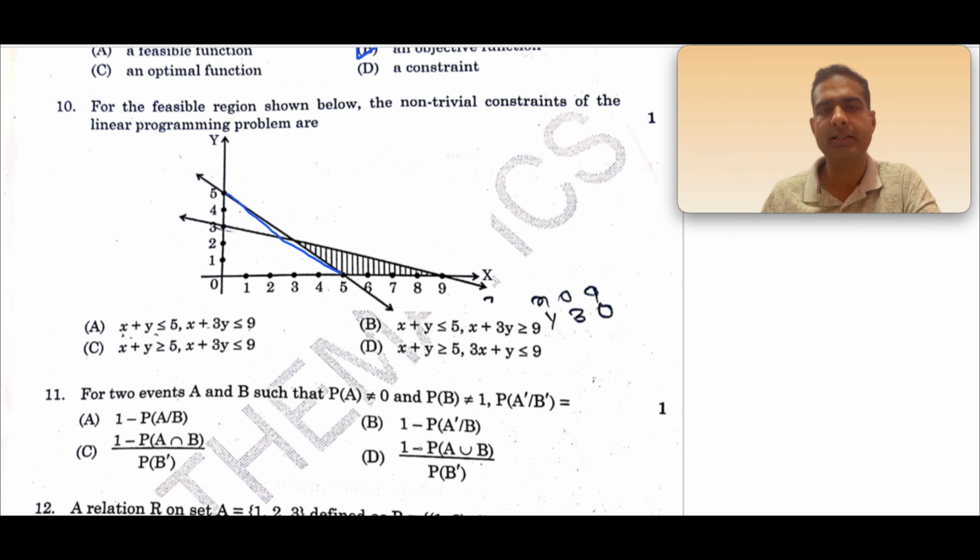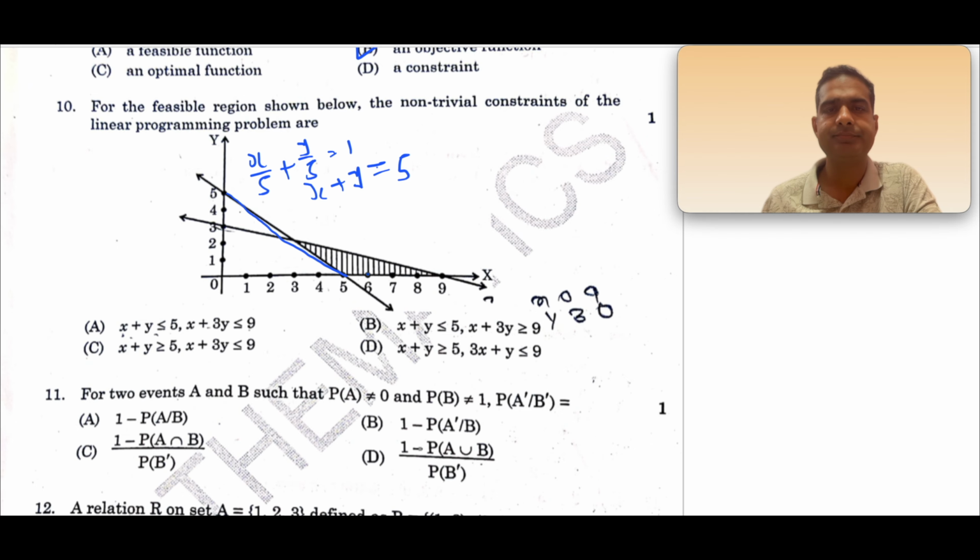This blue line, the shaded part is above this blue line, and if we use the intercept form of the line, the equation of this line is x by 5 plus y by 5 is equal to 1. So we will be getting x plus y is equal to 5.